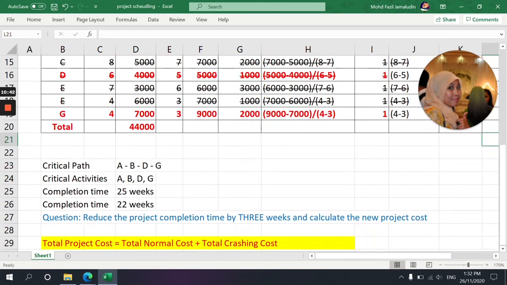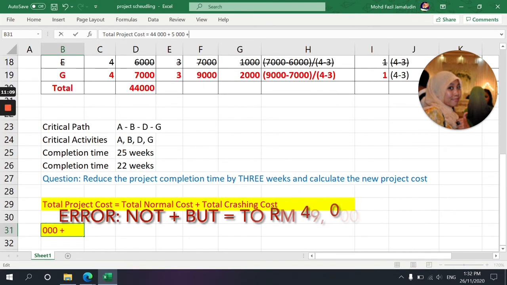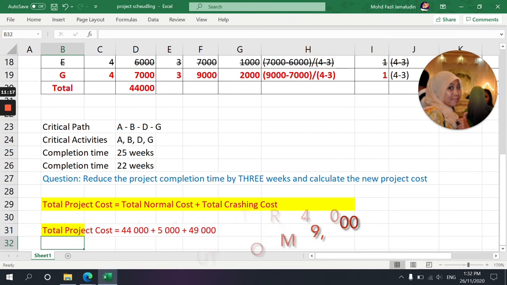So the total project cost here equals 44,000 plus 5,000 equals 49,000. Let me state again properly with the RM, 49,000.